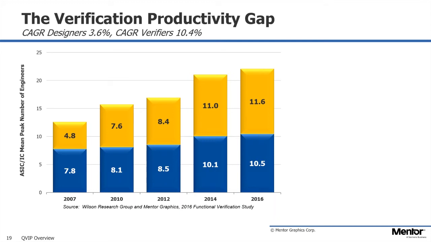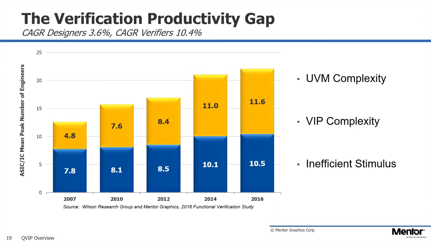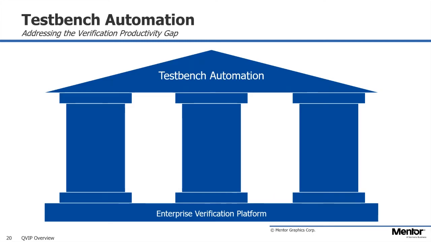If you look at FPGA projects, we are finding it may not be the number of engineers, but the amount of time an engineer spends on an FPGA project has started to weigh toward verifying more than designing on most projects. And that just goes to the fact that the verification problem has become the long pole in the tent. And having some VIP for these complex protocols can reduce the amount of time it takes to work on a project.